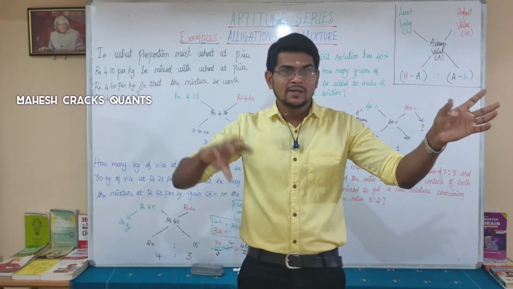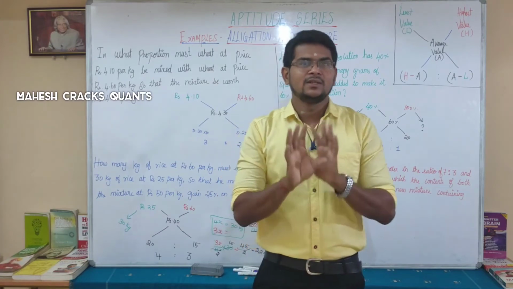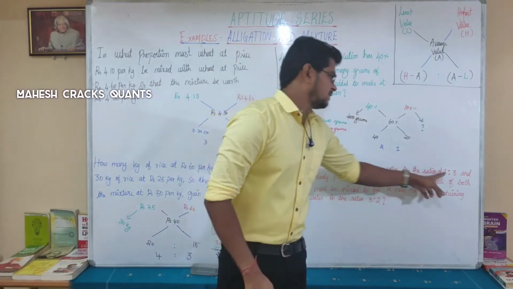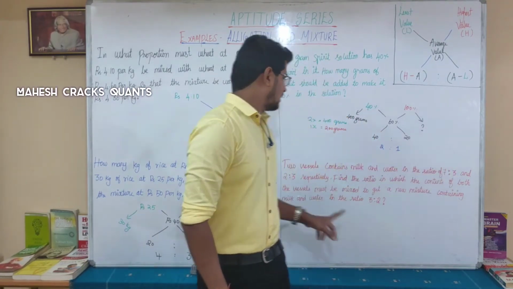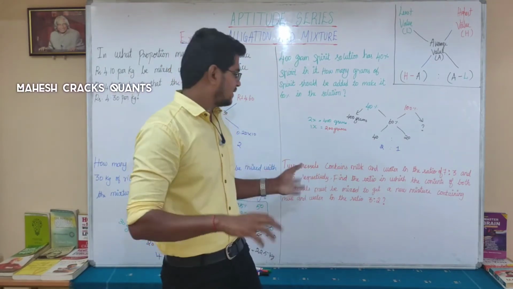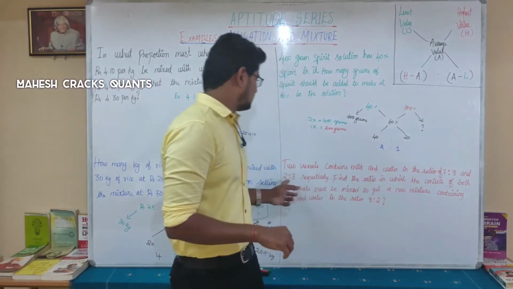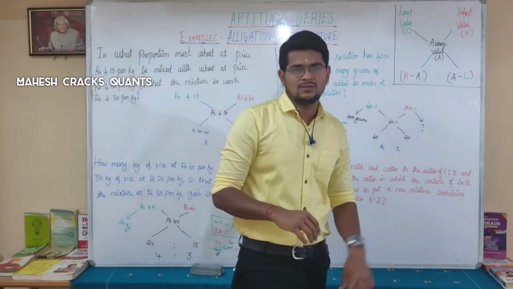Like Arogya milk and Aavin milk are mixed together to get a new mixture. Arogya milk is 7:3 milk and water, I am telling it as an example. Aavin is 2:3. And if you mix these two, you should get 3:2.